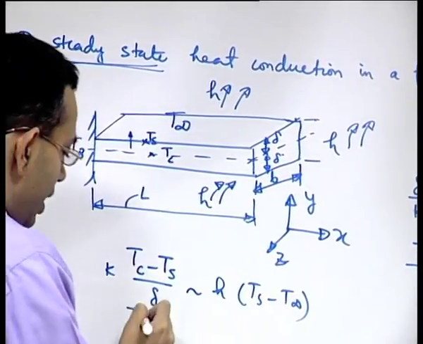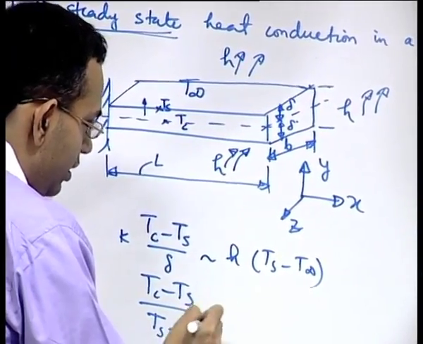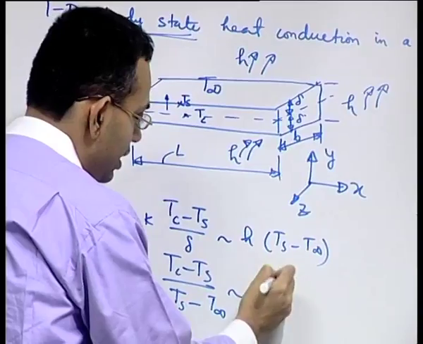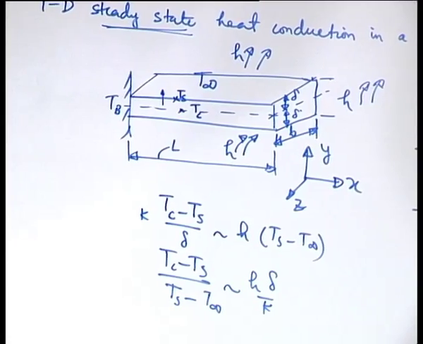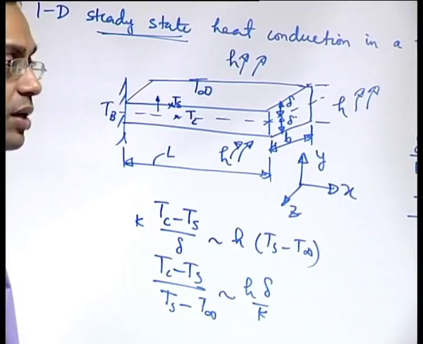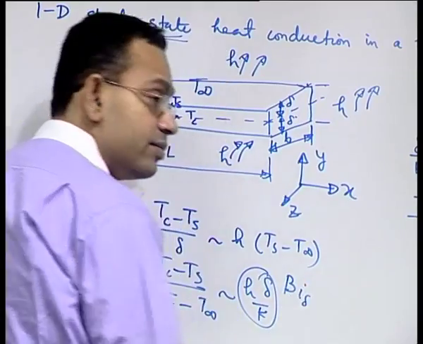So, Tc minus Ts by Ts minus T infinity is of the order of h delta by K, which is called the Biot number based on the length delta.